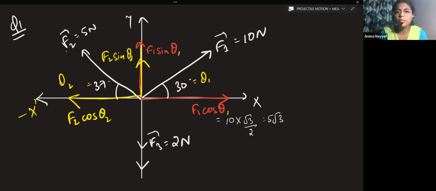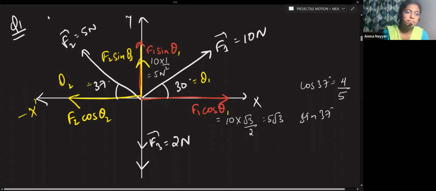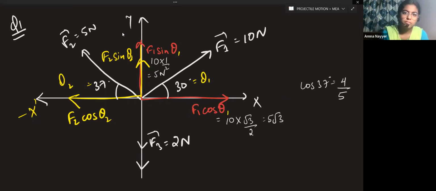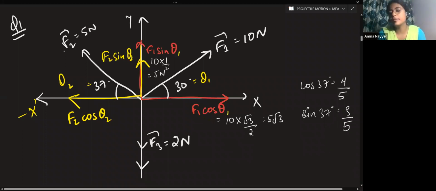F1 sine theta will be 10 into half, which is 5 Newton. For F2, for cos 37 degrees you have 4 by 5, and for sine 37 degrees this will be 3 by 5.